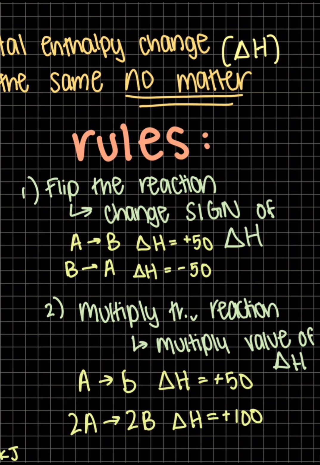So if in any case you need to flip your reaction, meaning flip the reactants to the products and the products to the reactants, you must flip the sign. For example, if you have A yields B, and the enthalpy change, delta H, is positive 50, if you want to flip it, meaning B yields A, then the delta H would be negative 50. This is just a rule.